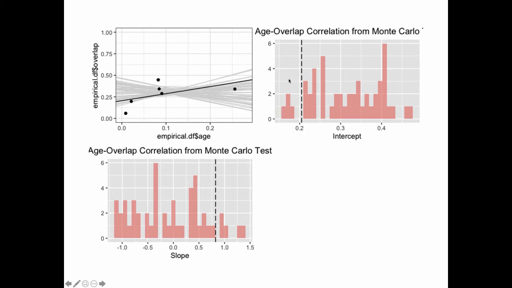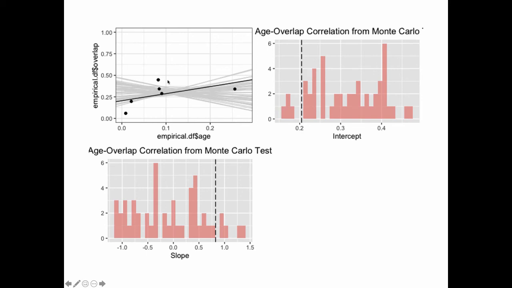And so that allows us to get p-values for whether our intercept or our slope exceed what you would expect, or are more or less than you would expect, based on that null hypothesis of no relationship. So that's cool, right? It allows you to do a linear regression-ish thing of range overlap as a function of node age across the entire phylogeny.